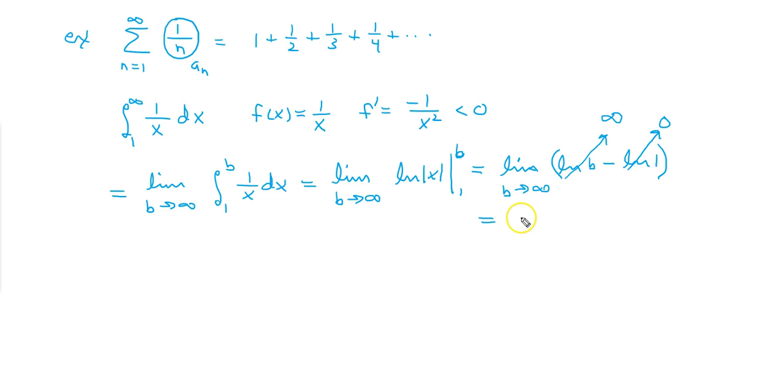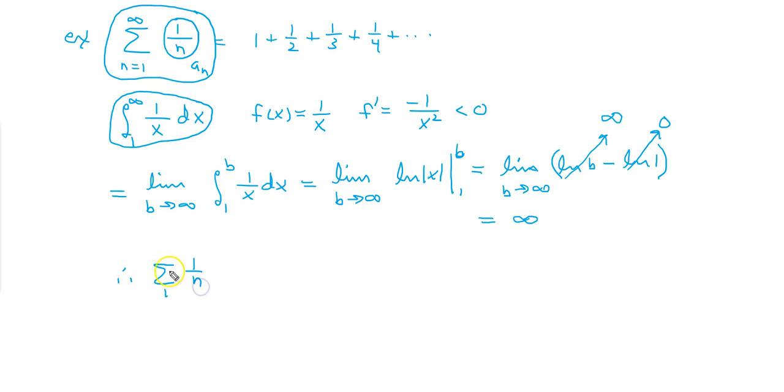So what we end up with here is infinity. So in other words, this quantity here does not exist. That means that our infinite series up here does not exist either, so this quantity diverges, or does not exist.